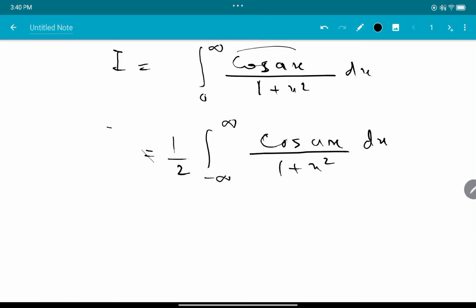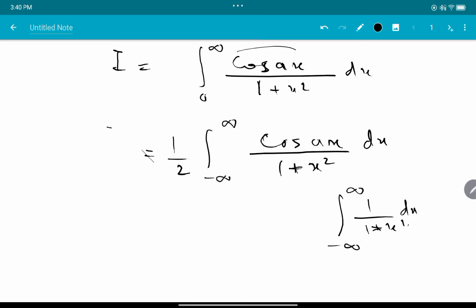Now this integral is almost similar to the previous integral with one difference: you have cos ax in the numerator instead of 1. In our previous integral we had minus infinity to plus infinity 1 by 1 plus x square dx.